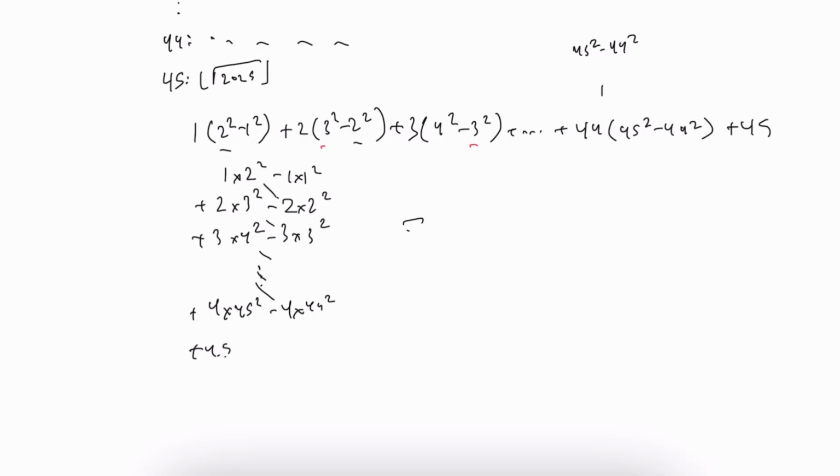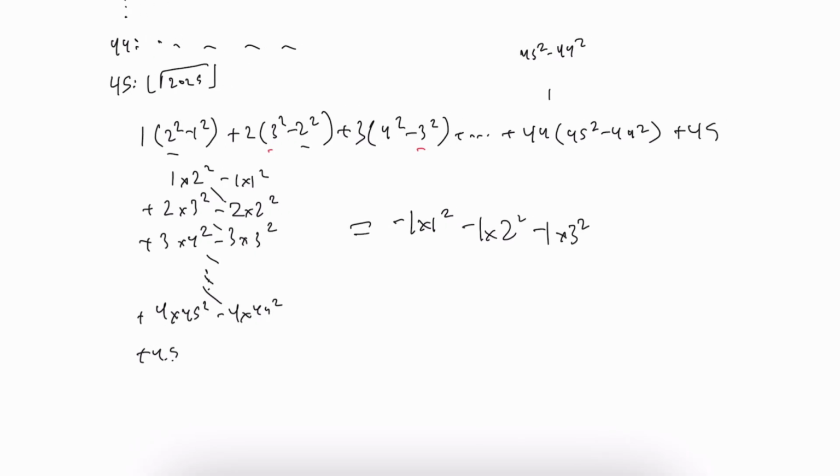So this will be equal to, first, a minus 1 times 1 squared, and then 1 times 2 squared minus 2 times 2 squared, that's minus 1 times 2 squared. And then 2 times 3 squared minus 3 times 3 squared, that's another minus 1 times 3 squared.